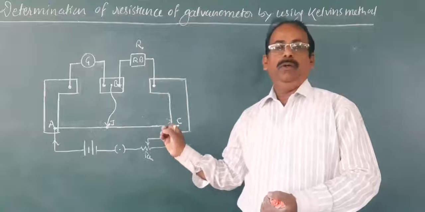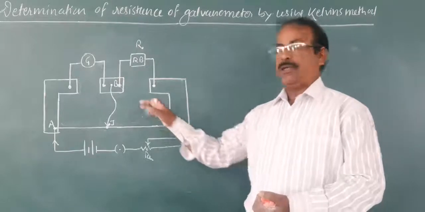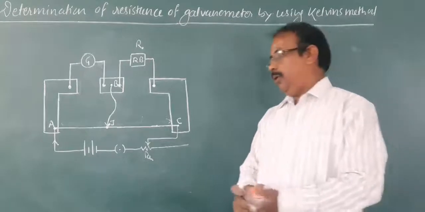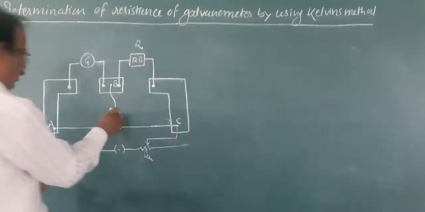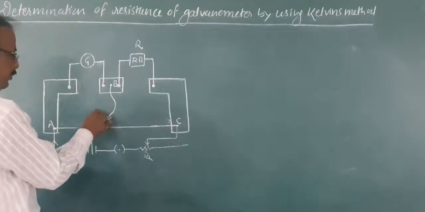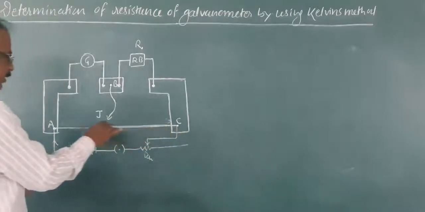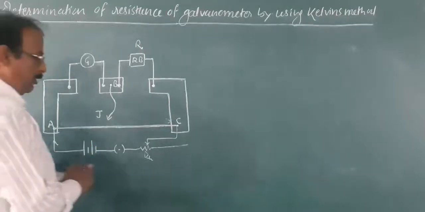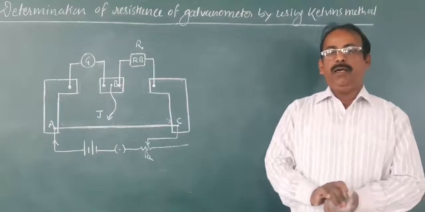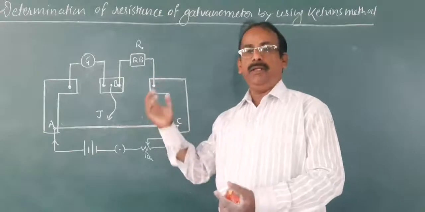Now, working. The difference in the construction we have already seen. Initially, this jockey J is kept out of contact with this conducting wire, and then a suitable resistance is selected from this resistance box.